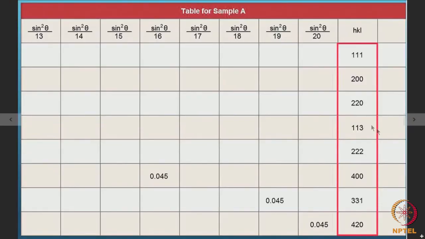Now, looking at the h, k, l values, we find that they are all unmixed, that means either all odd or all even. Say for example, here it is all odd, all even, all odd, etc. We know that when we have a face centered cubic material, this is what happens.